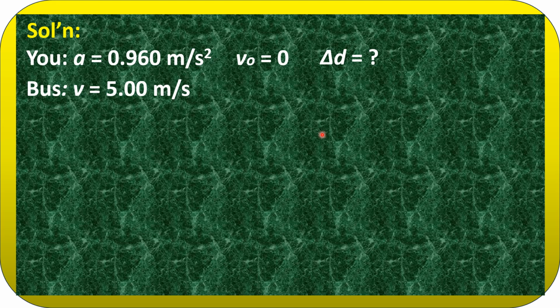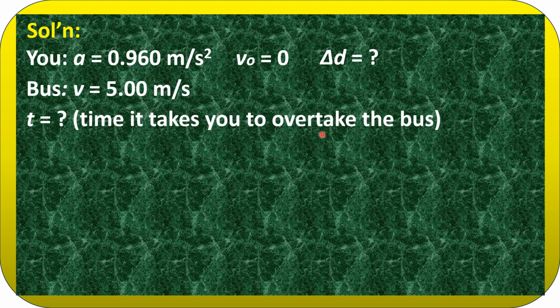So, before we can calculate for delta D, we first compute for the time t. The time t is the time it takes you to overtake the bus from initial time 0.